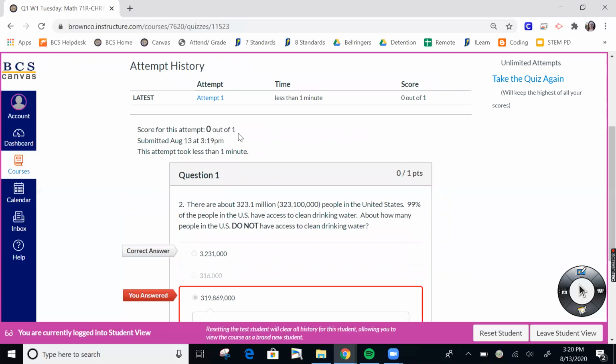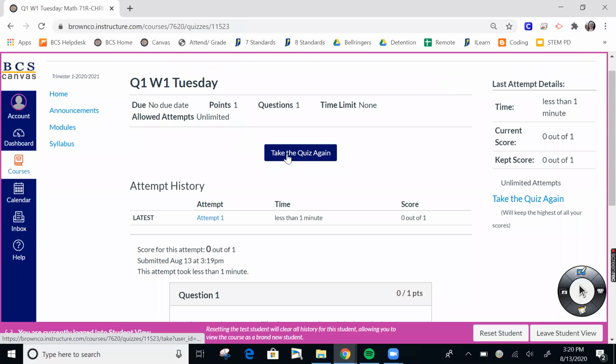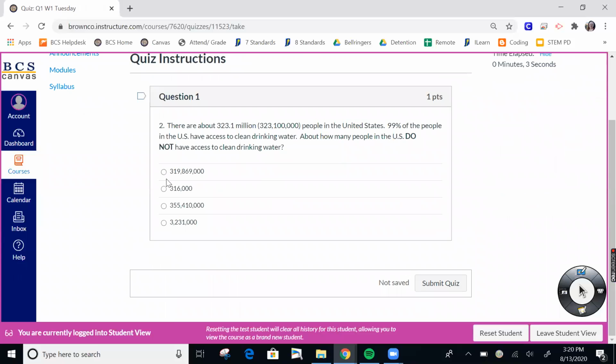And so if you get a 0 out of however many, that means that you probably missed it, unless you had to type out your answers. If you had to type out your answers, that means that I have to go in and give you a grade for that assignment. Let's say that I missed it and I want to take the quiz again. I can take that quiz again and correct my mistake.